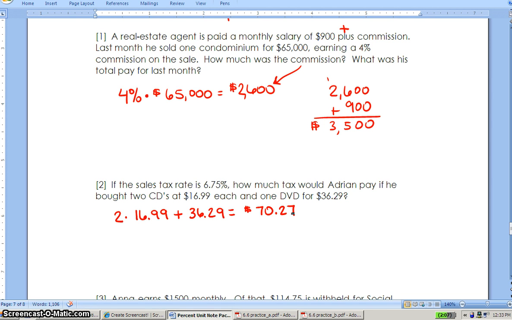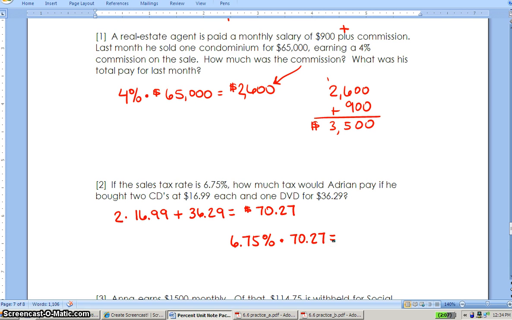Okay, so then you have to add the tax onto that. So how do you find the tax? How do you find the percent of something? What's of mean? Right, of means multiply. So we're going to do 6.75% times the $70.27 to find our tax.